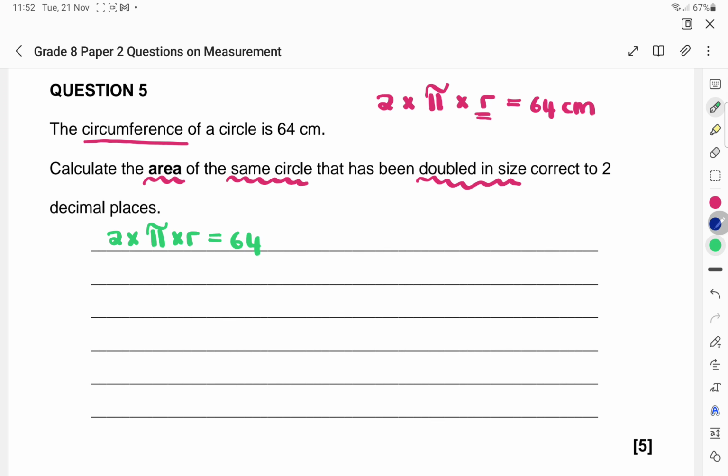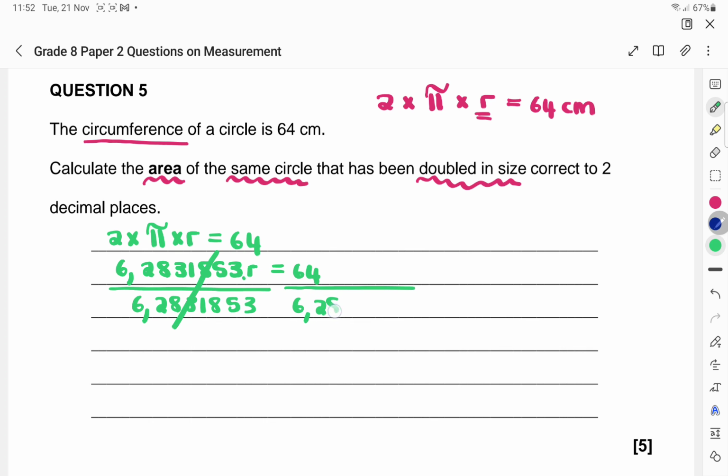So 2 times pi gives you 6.283185307. I'm just going to write a few. Times the radius, because if they're timesing together, it's times r. So how do I get r alone? I'm going to divide with this huge number that takes me so much time to write down. But what you do on the one side, you have to do on the other side.